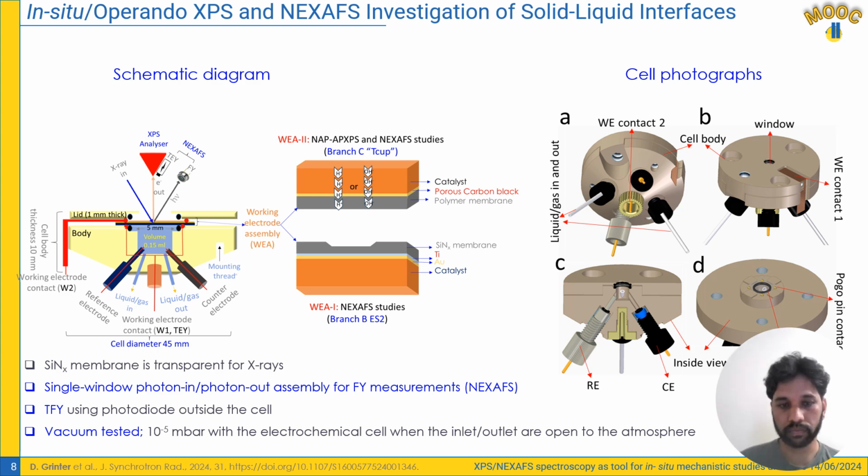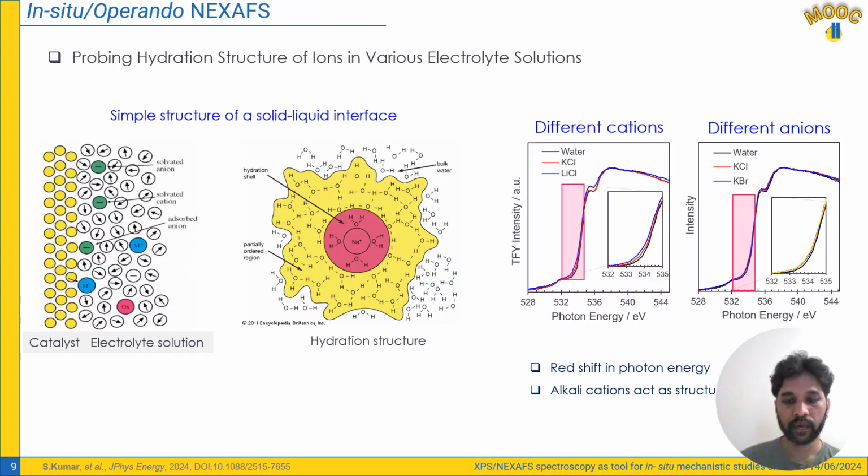For that reason we developed an electrochemical cell, a 3-electrode electrochemical cell, so we can do operando NAP-XPS and NEXAFS basically.